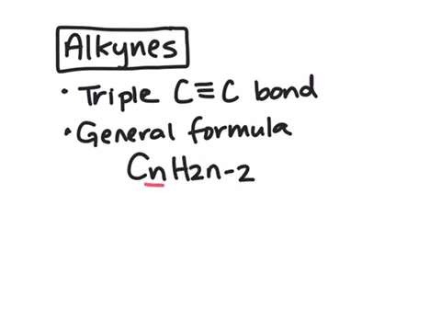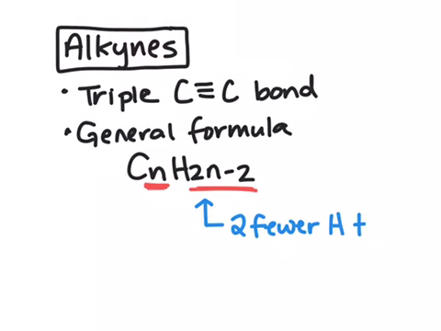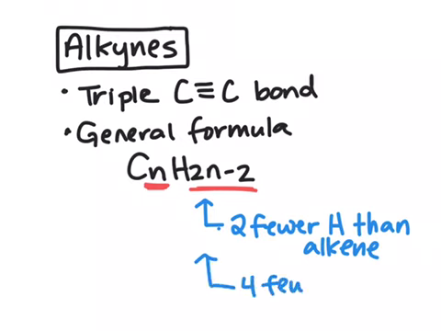And so for every 1 carbon we have, we'll have twice as many hydrogens minus 2. And if you compare this to an alkene, this is 2 fewer hydrogens than an alkene, and it is 4 fewer hydrogens than an alkane. So every time you add that multiple bond, you take away 2 hydrogens.